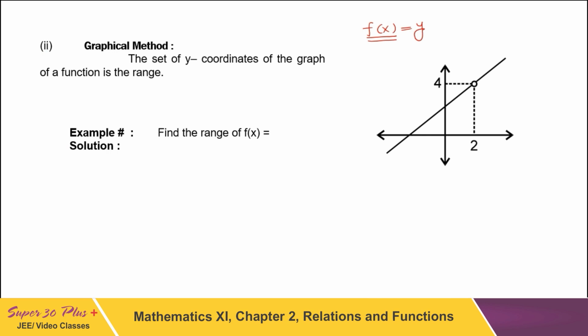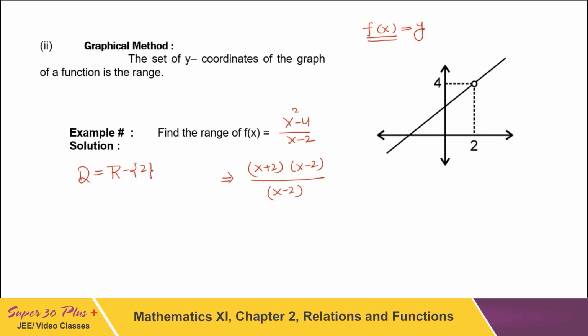For example, you have to find the range of the function (x squared minus 4) upon (x minus 2). If we simplify this, then it is (x plus 2)(x minus 2) upon (x minus 2). One thing is important: the domain of this function will be all real numbers except 2, meaning at the point 2 this function is not defined.